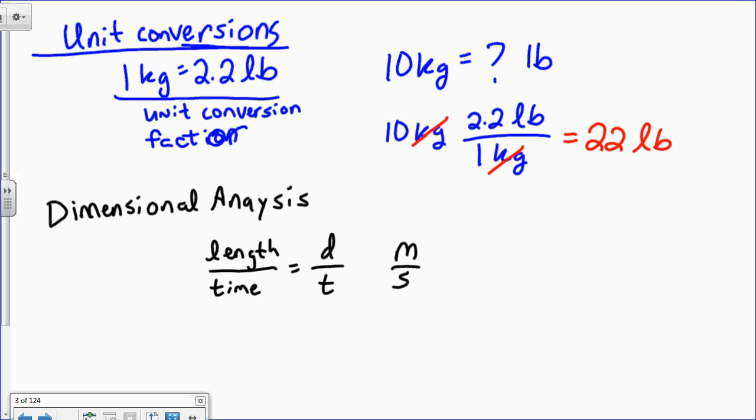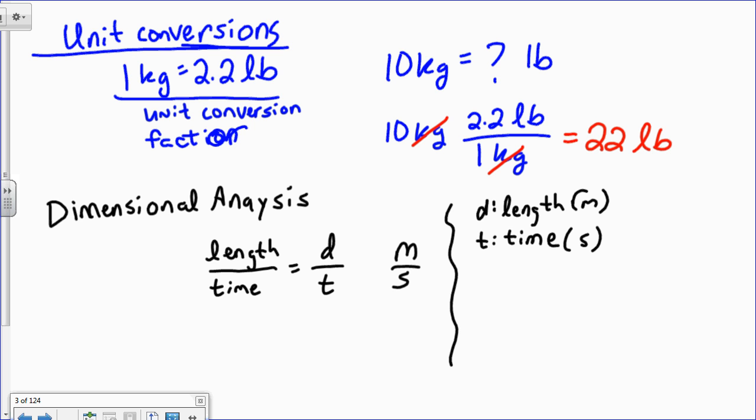So let's say, for example, I have an equation where D is length and T is time. Remember, length is in meters, time is in seconds, and M is our mass, in kilograms.